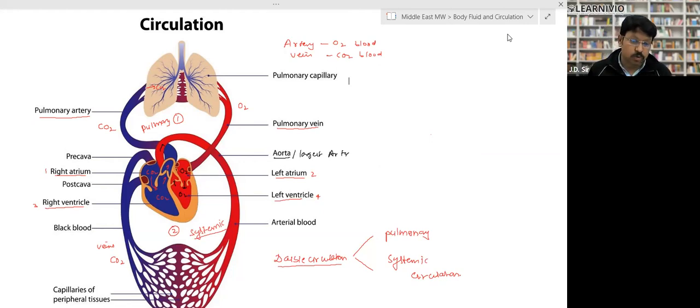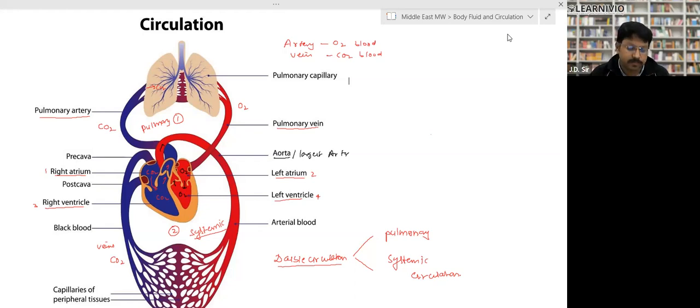Yes. So please write it down. Human heart, human circulatory system. Humans have double circulatory system.